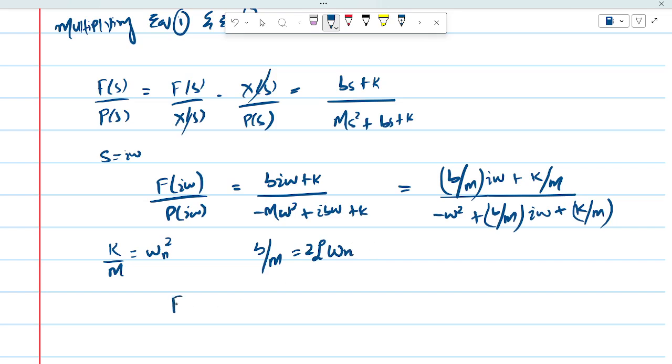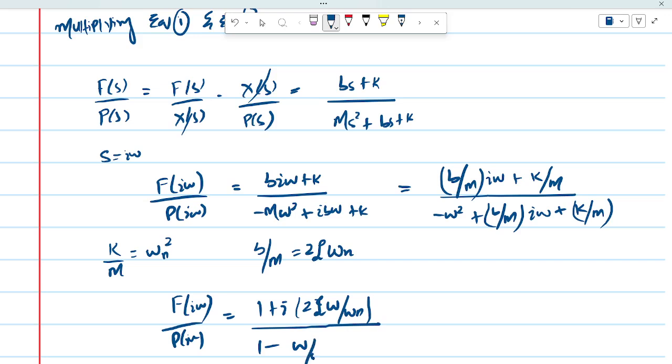So it can be written as F(iω) divided by P(iω) equals 1 plus, I'm not going to do all the steps again, we did last time, 2 into the damping ratio ω over ωn, again the natural frequency of the system and the frequency of the excitation force, 1 minus (ω over ωn) square plus i 2 into damping ratio ω over ωn.